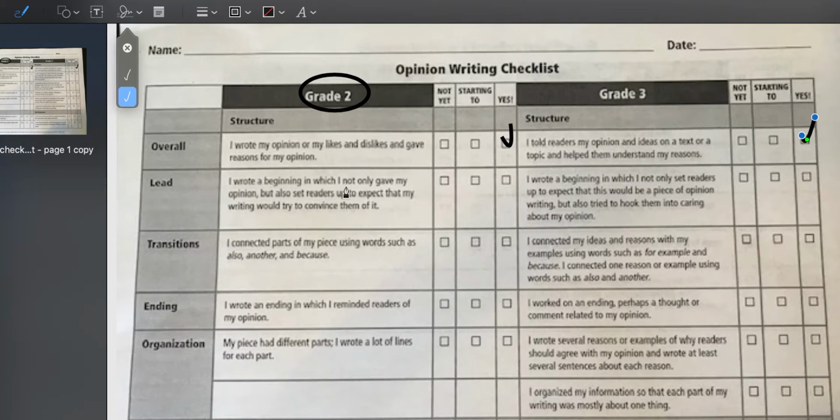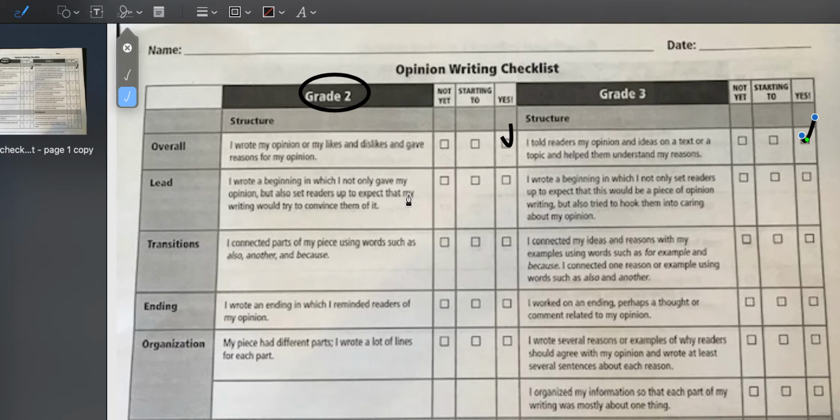Okay? When that is finished, we're going to go to the next one, which is our lead. I wrote a beginning in which I not only gave my opinion, but also set up readers to expect what my writing would try to convince them of. So, remember that we said in our opinion writing that you need to state your story and that you need to give your opinion.